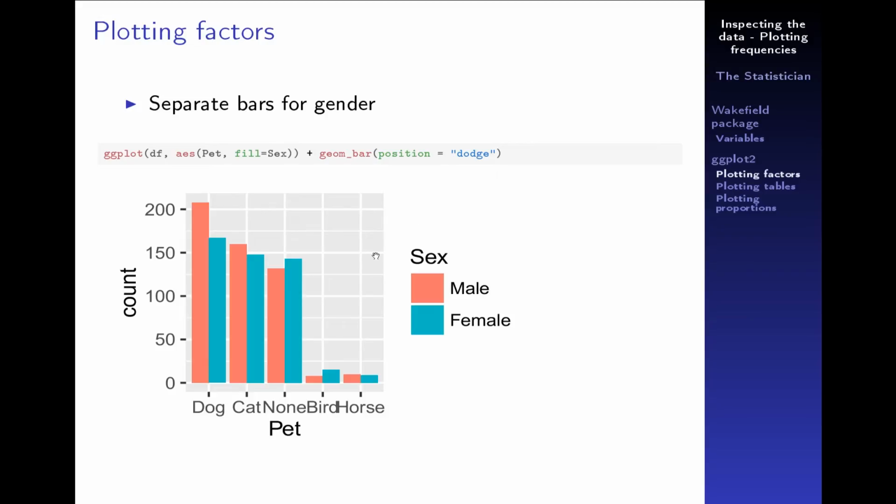Now we can see that, for example, there are more dogs inside the male category, and it looks like women do not have a pet more often than male, but these are of course not proportional, so you cannot do any inference from this data.